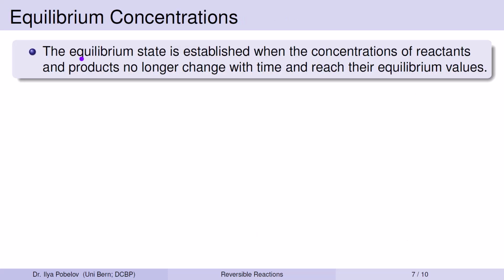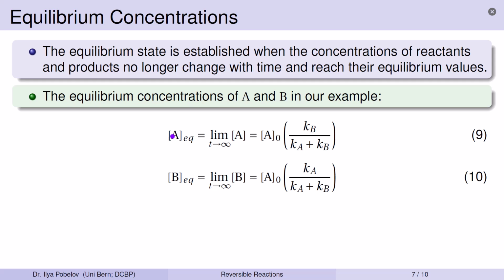The equilibrium state is established when the concentrations of reactants and products no longer change with time and reach their equilibrium values. Mathematically, the equilibrium concentrations of reactants and products are the limits of their respective concentrations as time approaches infinity. In our example of the reversible reaction between A and B, the equilibrium concentrations can be expressed by these equations.